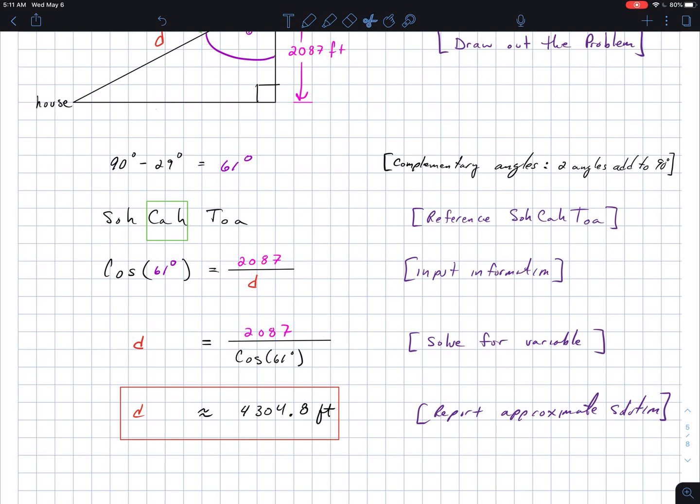So let me just show you the real trick, okay? So here's d, right? I'm going to multiply both sides by d. Then I'm going to divide by not just 61, not just cosine, but the cosine of 61.